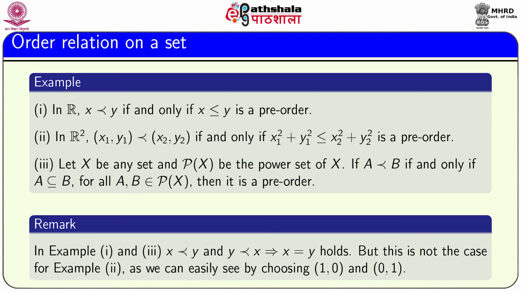If we choose the points (1, 0) and (0, 1) from R2, then of course 1 squared plus 0 squared is less than or equal to 0 squared plus 1 squared, and similarly 0 squared plus 1 squared is less than or equal to 1 squared plus 0 squared, but still the points (1, 0) and (0, 1) are two distinct points in R2.